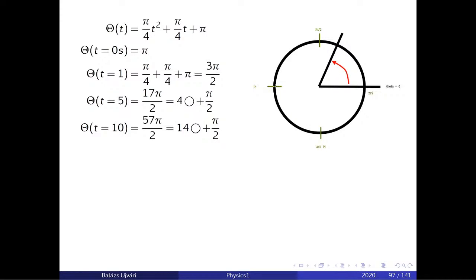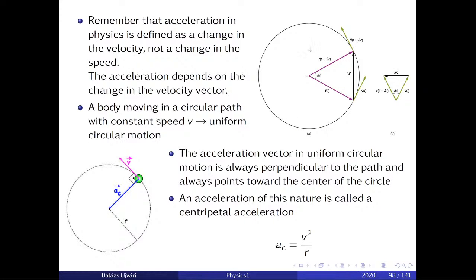So at t equals 0, I'm here at pi. At t equals 1, I'm here. But at t equals 5, I'm here. And at t equals 10, for example, it was 14 full circles plus pi over 2. So again, I'm there.